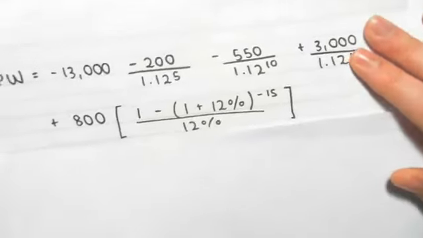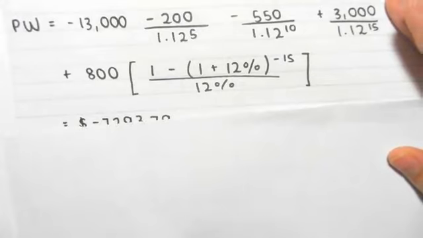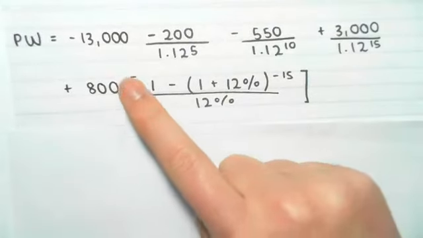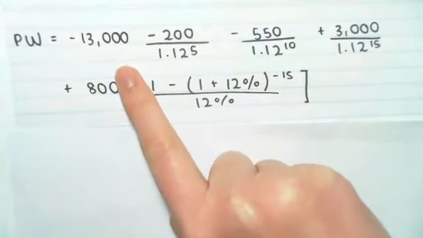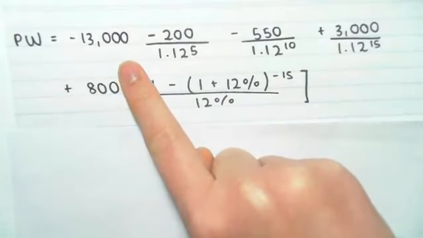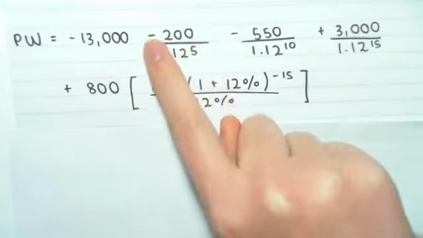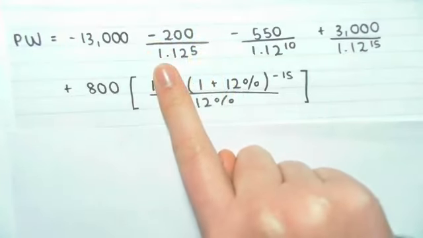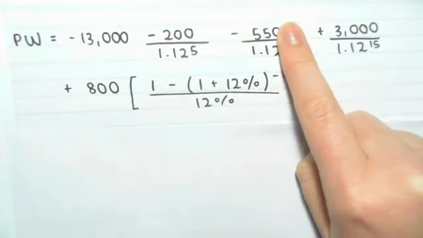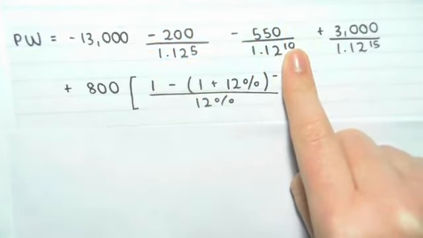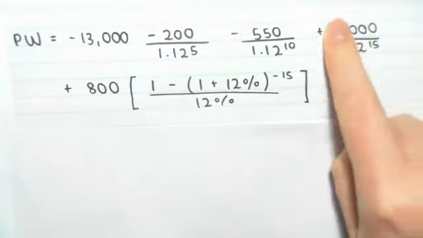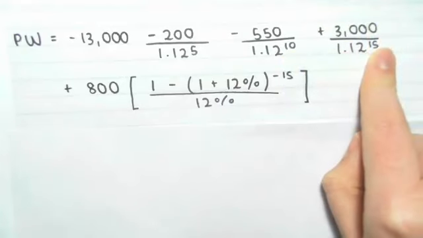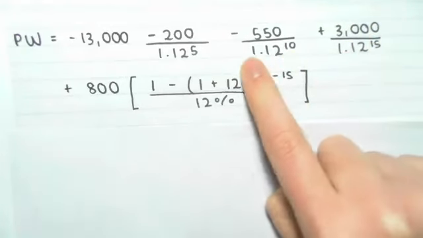So then just evaluating this, we've got the $13,000 outflow in year 0, so that's already in terms of present worth. We've got a single cash flow of $200 that needs to be discounted 5 years, and then a single cash flow of $550 that needs to be discounted by 10 years, and a single cash flow of $3,000 that needs to be discounted 15 years. There's no other way to do these.